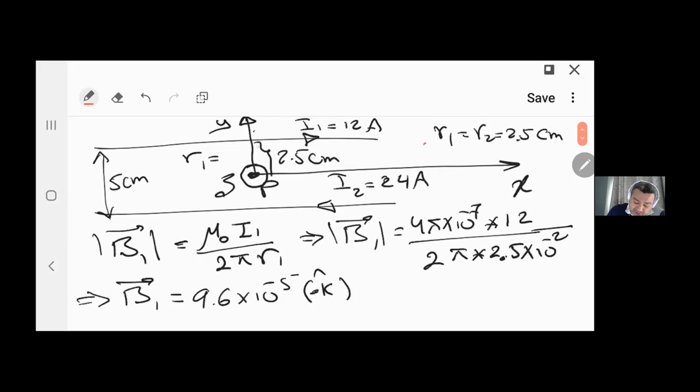The differential element is part of the wire, the wire is a straight wire, and this wire is sitting in the XY plane, and the point of interest P is also sitting in the XY plane, which means that the magnetic field should be perpendicular to the XY plane, and that's why right at this point B1 will be in the negative direction of Z.